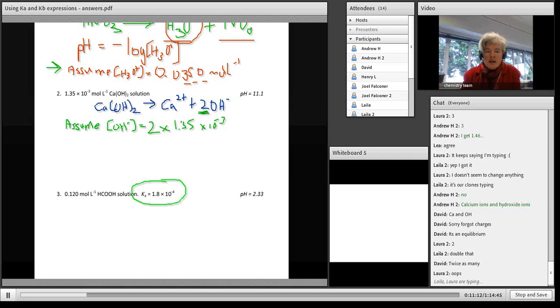Okay, and we can simply then now write the formula. First of all, why did I go hydroxide, and why didn't I just try and work out hydronium ions? So I'm trying to work out pH, so why didn't I work out hydronium ions?